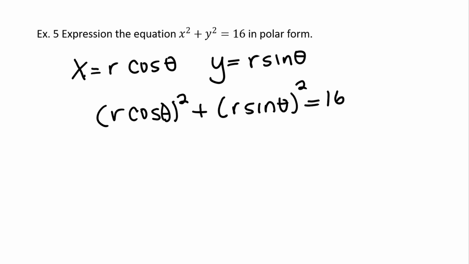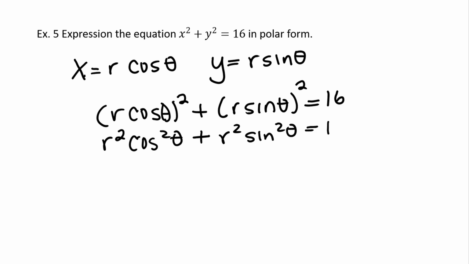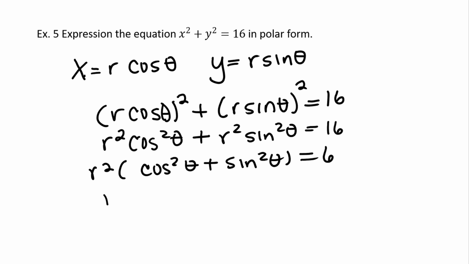Let's square. So you get r squared cosine squared theta plus r squared sine squared theta equals 16. We can factor out r squared, and we get cosine squared theta plus sine squared theta equals 16.